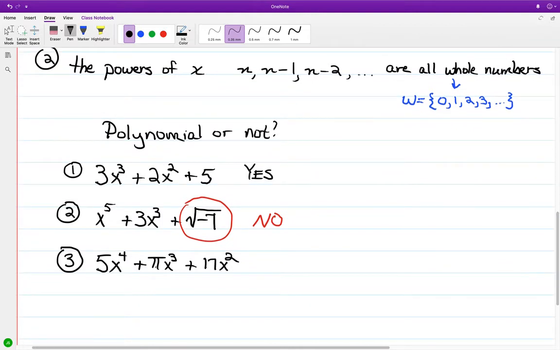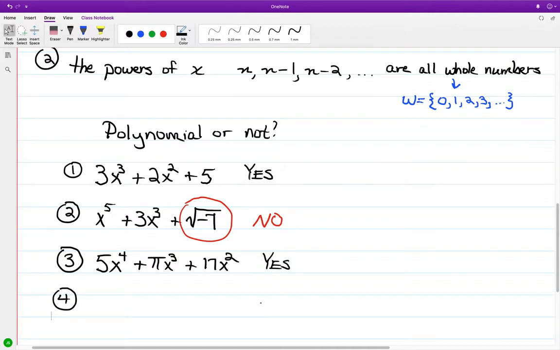Now pi, not an integer value, but it's an irrational number that is in the family of real numbers. So pi is real, 17 is real, and the powers of which we have x to be raised, all of these are whole numbers. So both conditions for the expression to be a polynomial are met. So that is a polynomial.